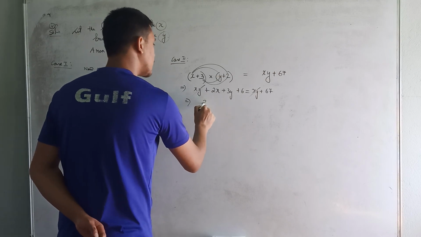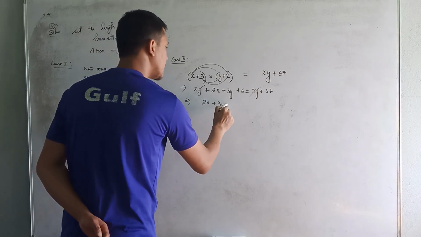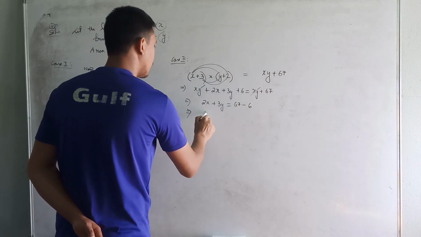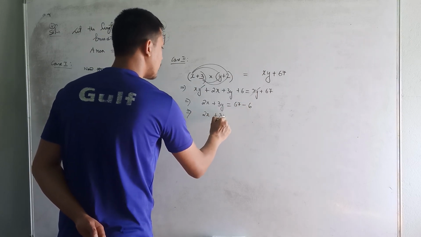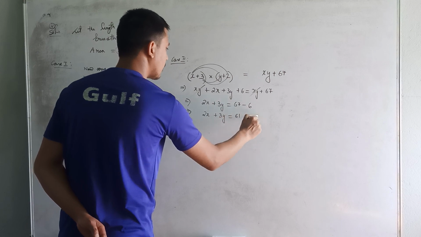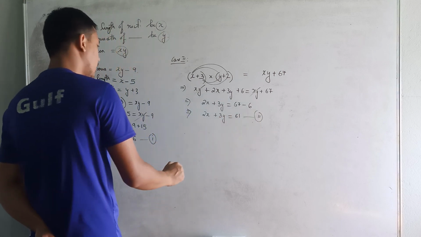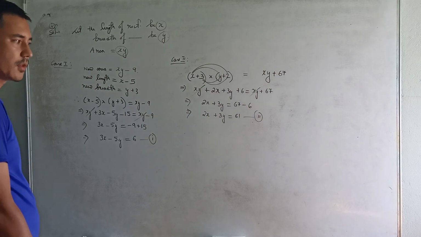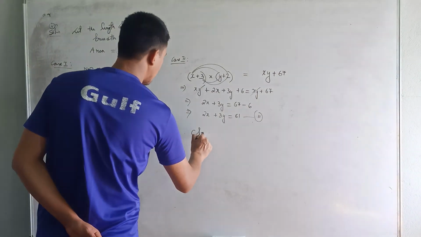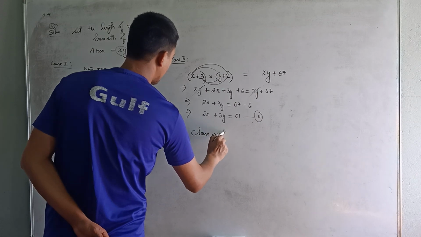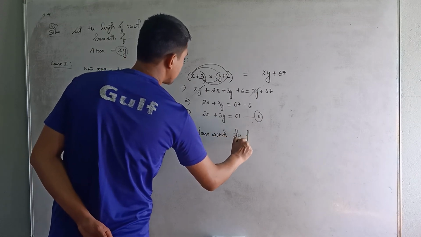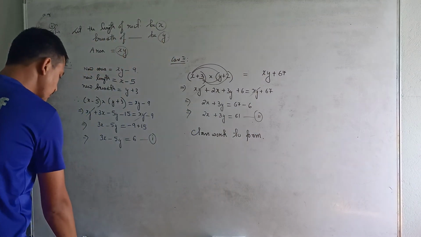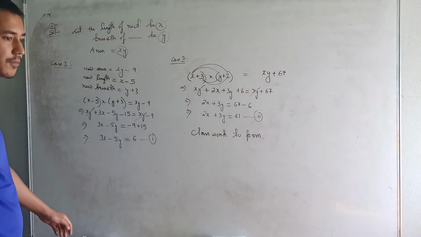So this implies 2x plus 3y is equal to 67 minus 6. So 2x plus 3y is equal to 61. Now you can solve by any algebraic method that you like. Is it okay? So this is classwork. That's work to perform. Okay. Last result.